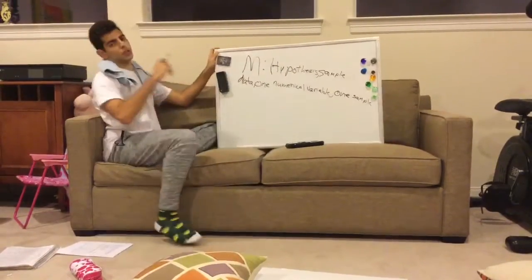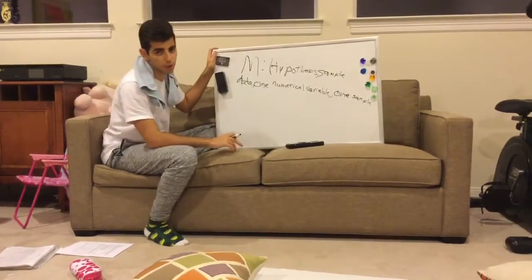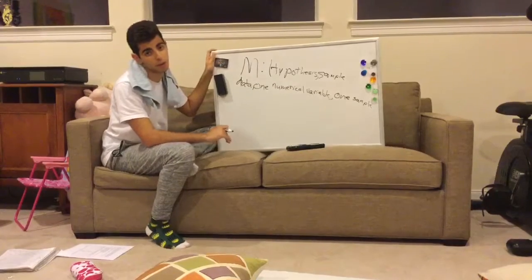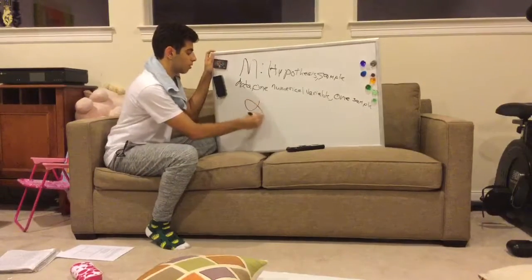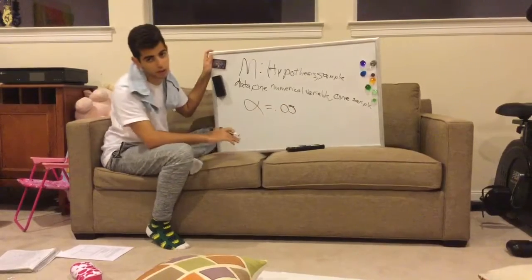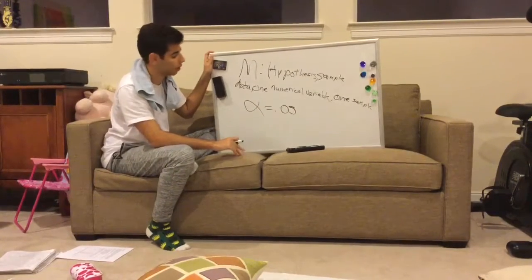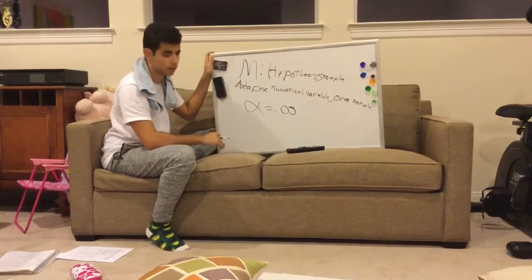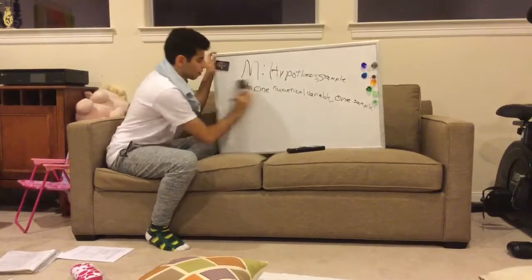Because of this, we're just going to use a t-test for population mean. And the last part of M is our significance level, which is going to be 0.05.